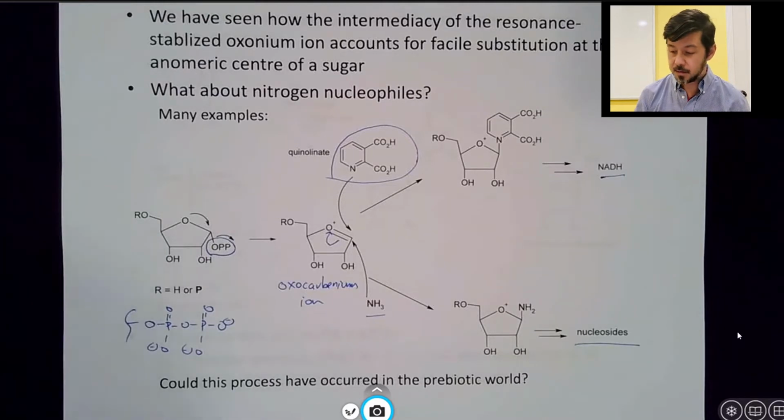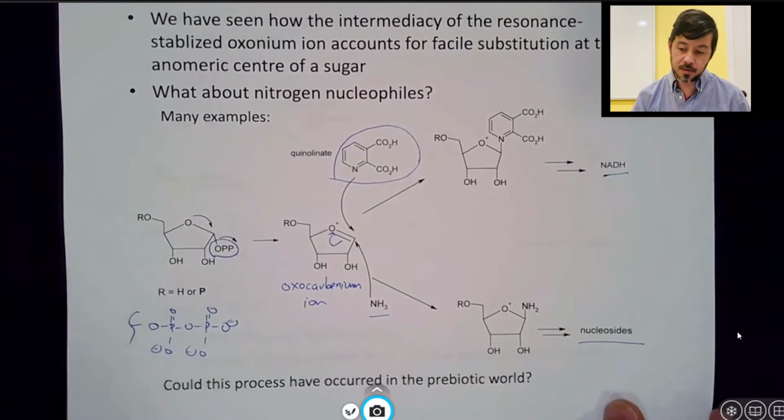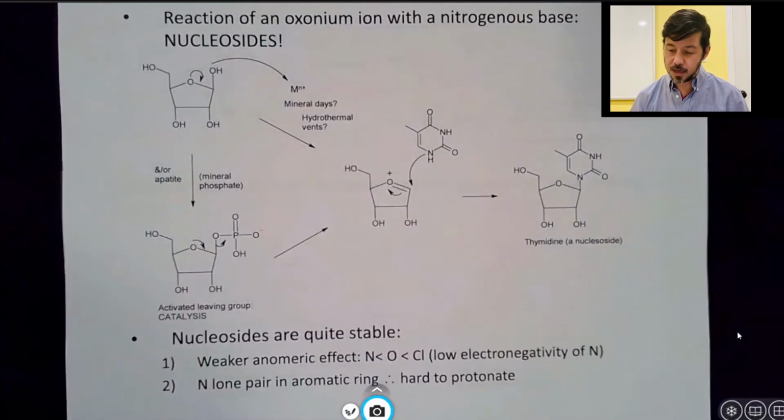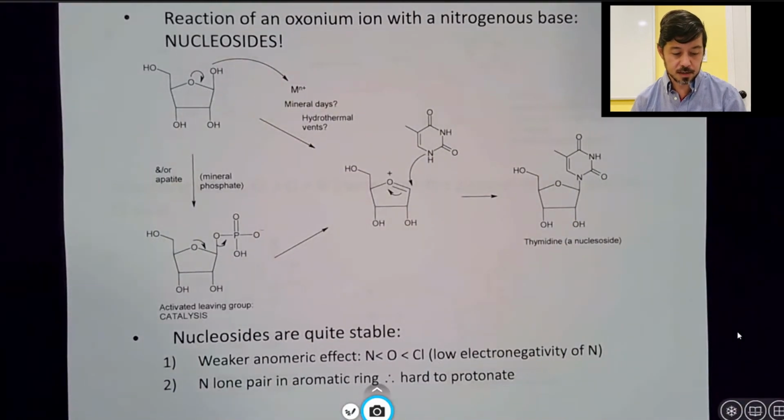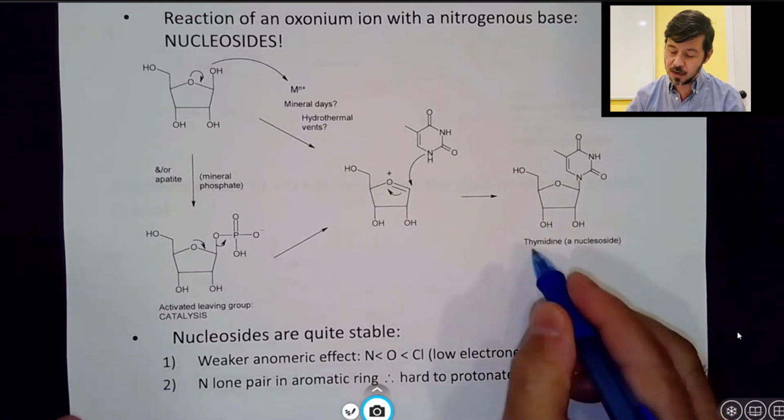So could this process have occurred in the prebiotic world? It's definitely possible. Some researchers have set up experiments to see what could have happened prebiotically in terms of the generation of nucleosides.